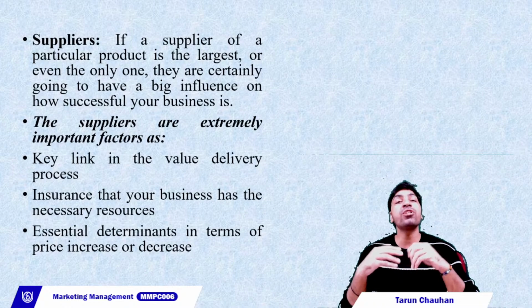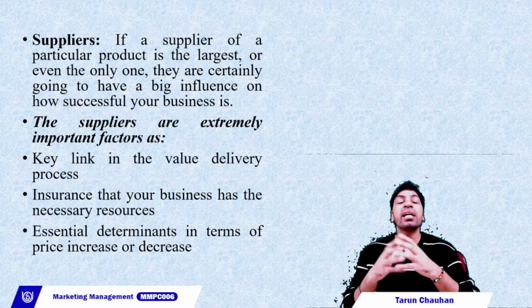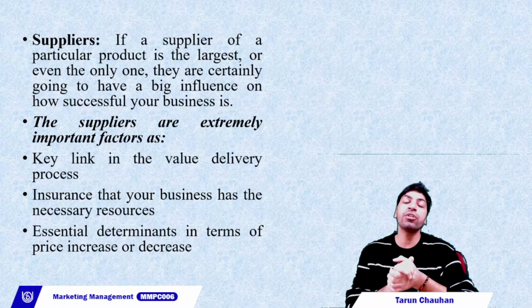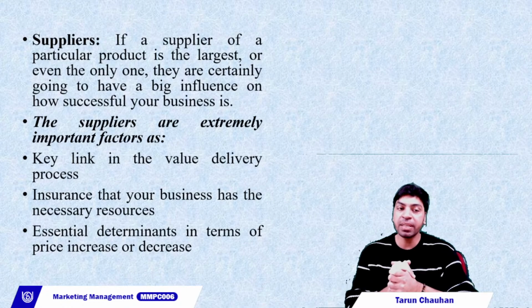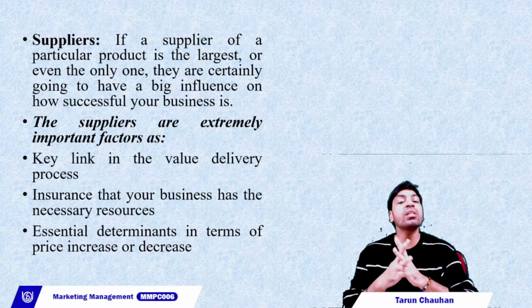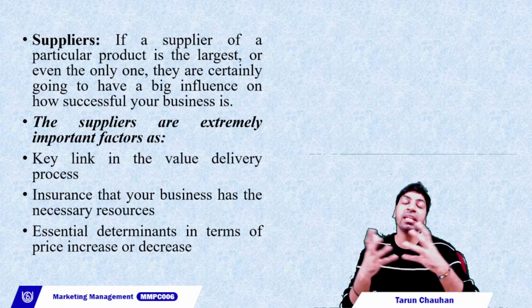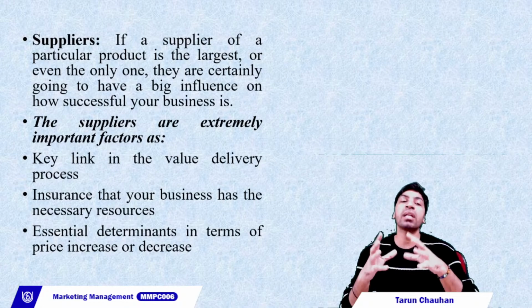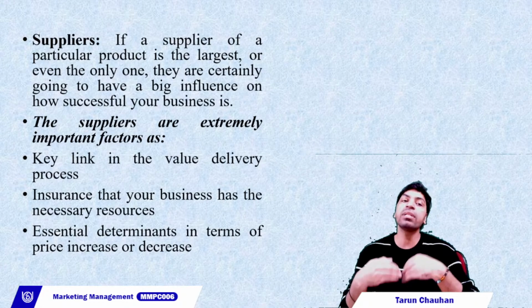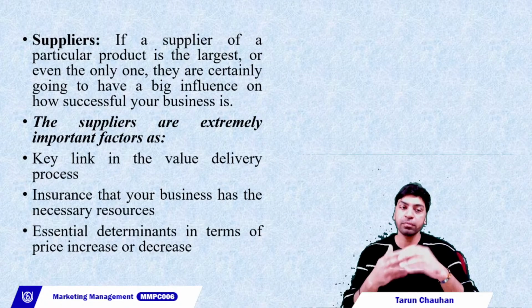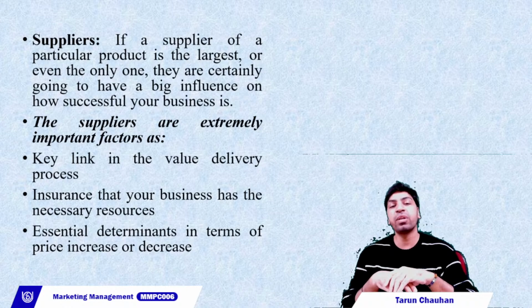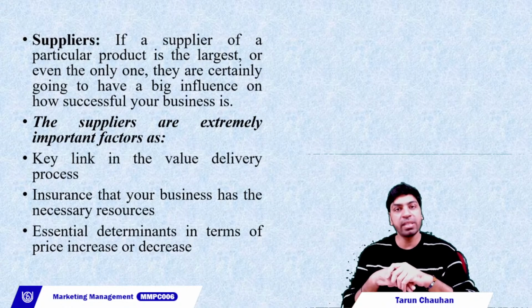There is also the insurance part, that your product has the necessary resources to get insurance from the insurance companies. What would be the essential determinants if the prices of a particular product increase or decrease? So suppliers have a direct influence on the particular business.